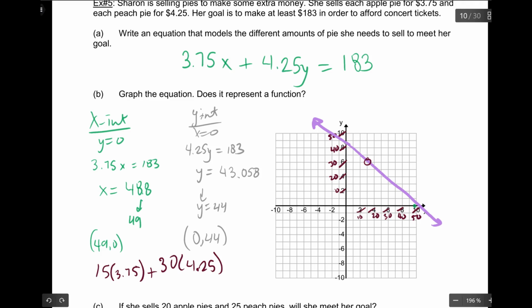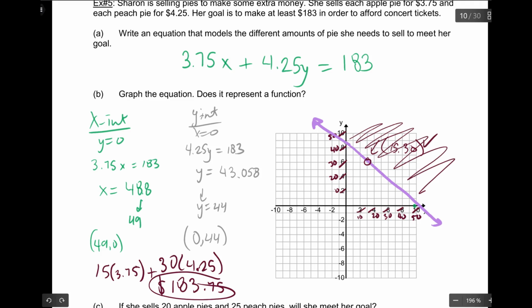It's got to be close because it's on the line. So 15 times 3.75 plus 30 times 4.25. Hey, check it out. That point, even though I'm sloppy drawing, is $183.75. That would make it. So that point works. This is the point (15, 30).